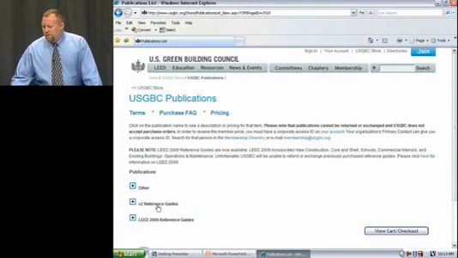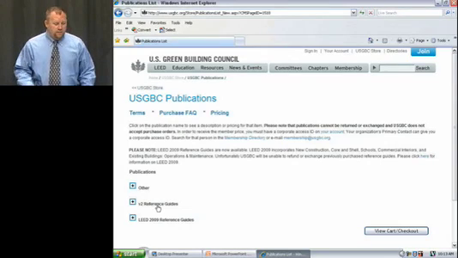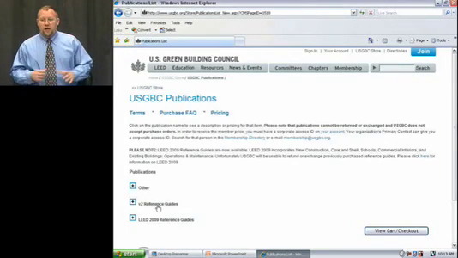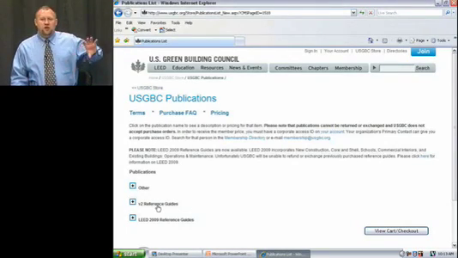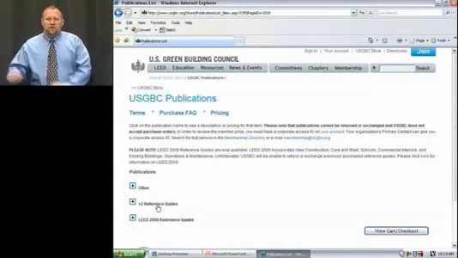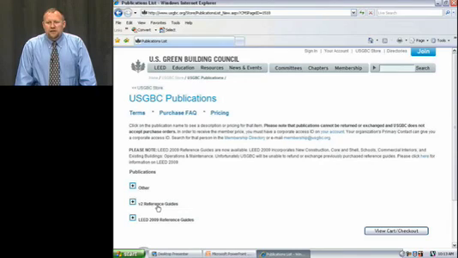Okay. Well, this is the old structure. You would have used version 2, or maybe 2.1 or 2.2. This is version 3, also known as LEED 2009 because it came out in 2009.